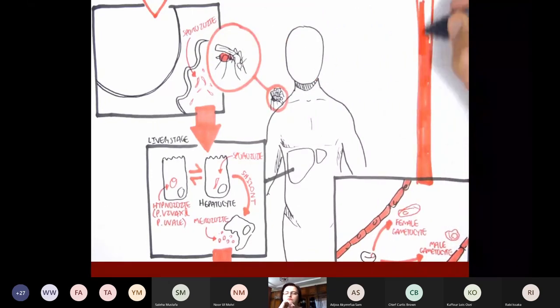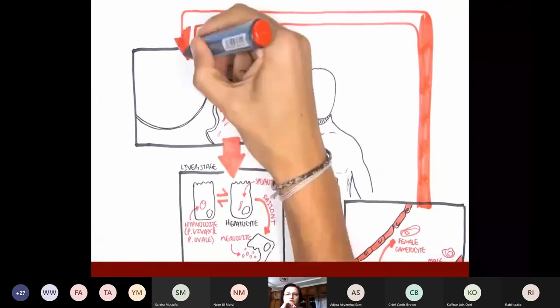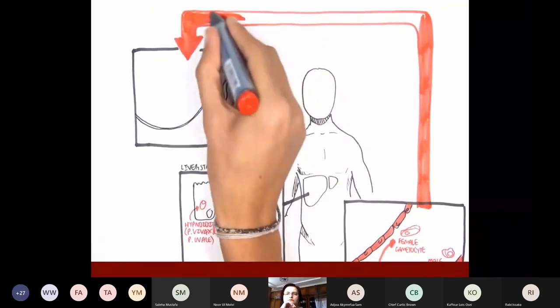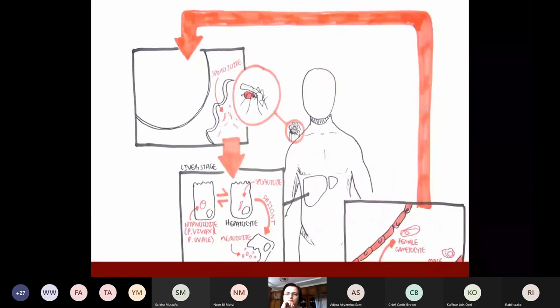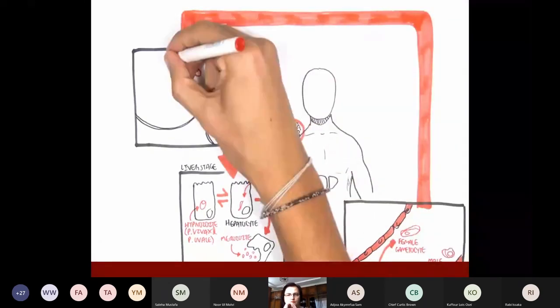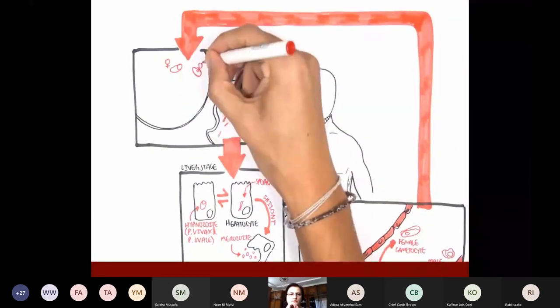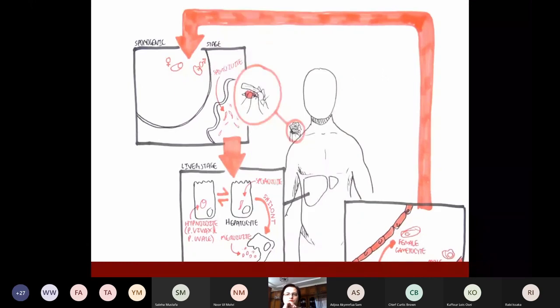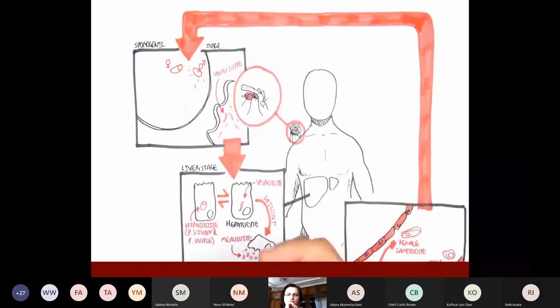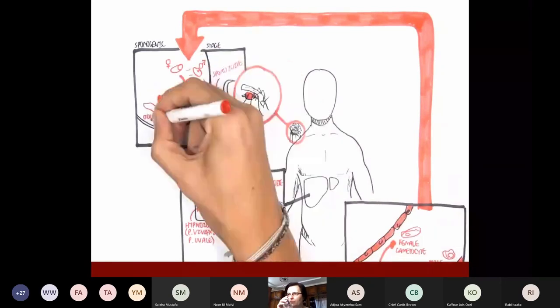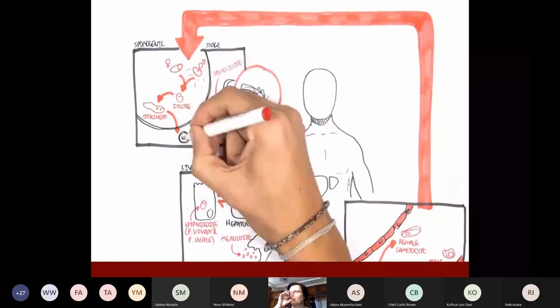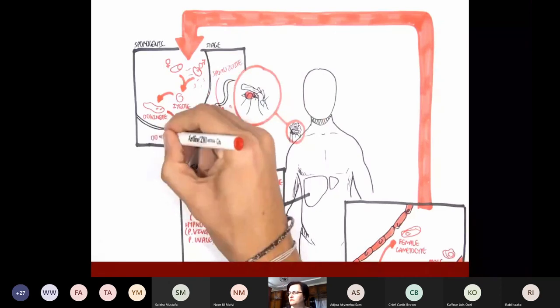The gametocytes enter the mosquito's stomach, and the mosquito is now infected with the parasite. In the stomach, the male and female gametocytes can form a zygote. The zygote will mature into an ookinete, then be released by the stomach as an oocyst.